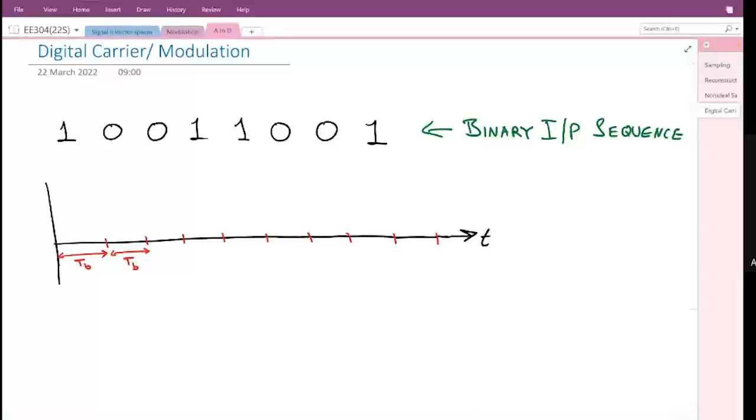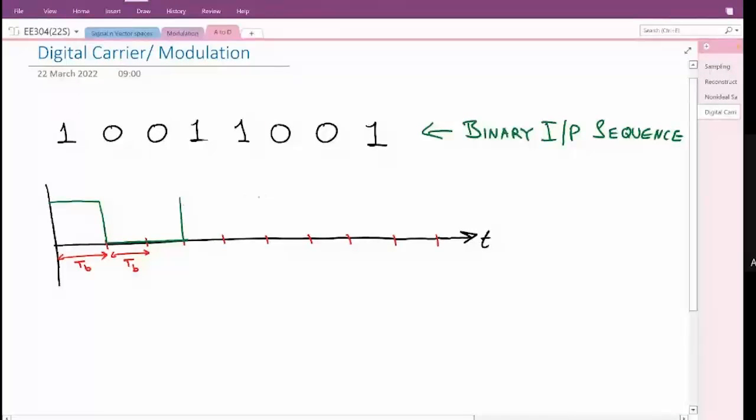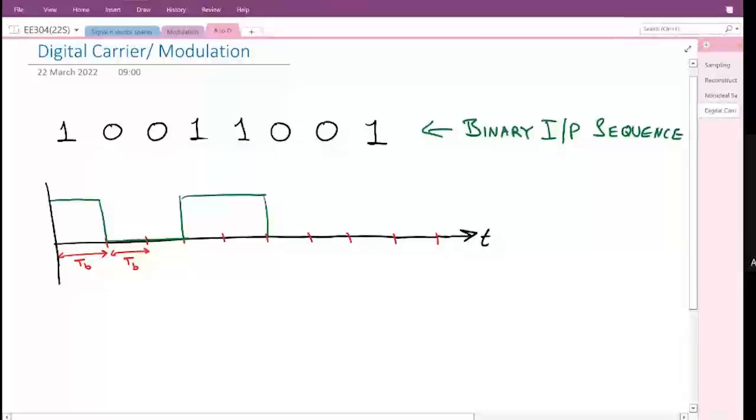So if I have to draw this, 1 we are going to represent by a positive pulse, and then 0 remains, 2 zeros, and then we have 2 ones, then 2 zeros, and then another one, and then you go ahead.